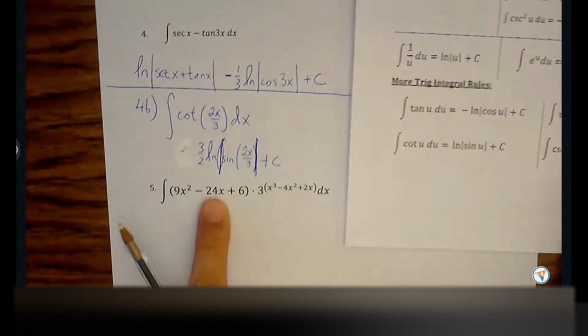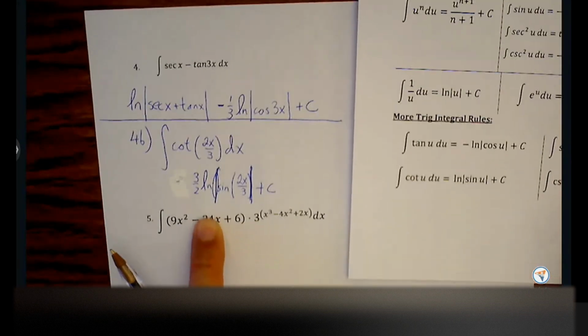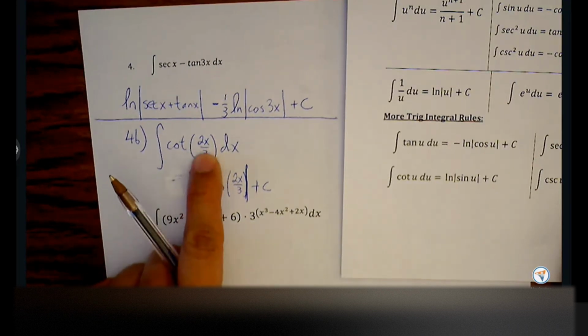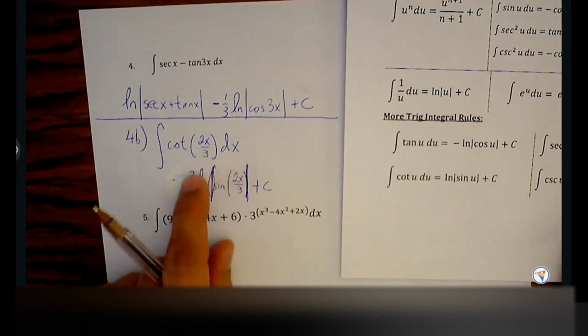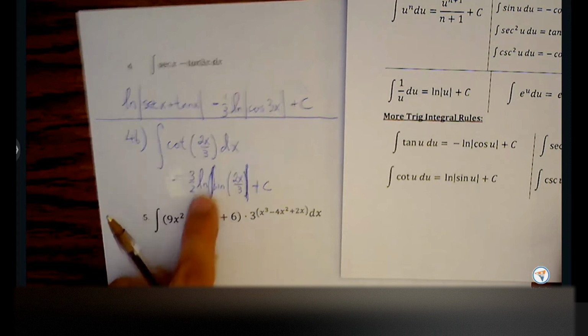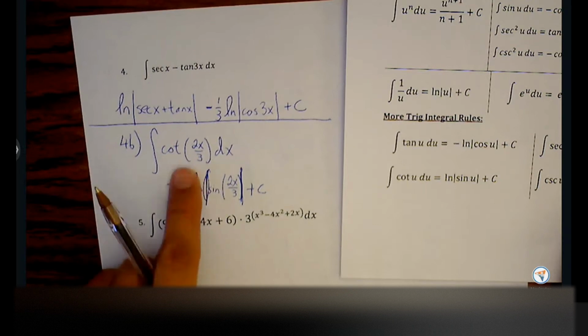Now, if it's anything more complicated than that, if it's a higher degree, then I would go through u-substitution. But if it's a linear term, if it's x to the first power, we can save a few steps.